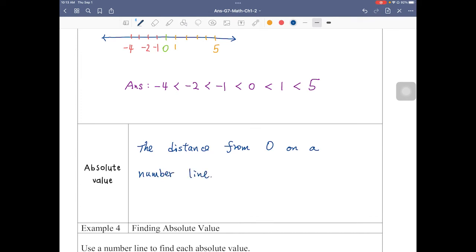Since distance is never negative, absolute value is always positive or 0.